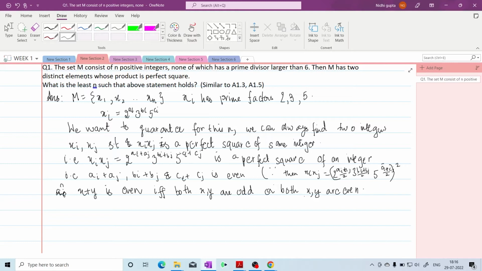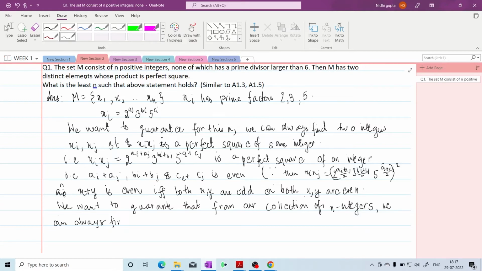So we want to guarantee that from our collection of n integers, we can always find xi and xj such that ai and aj have the same parity.